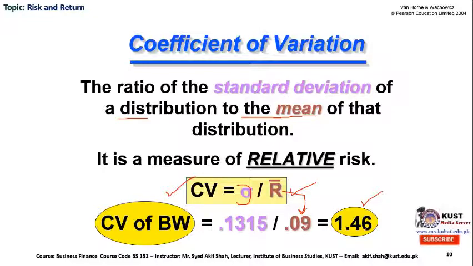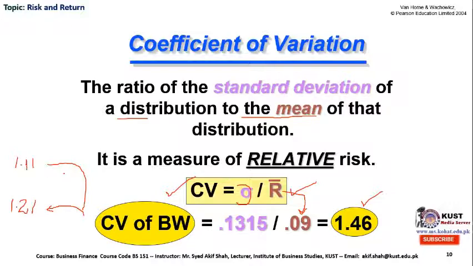As we have explained that it is a relative measure of risk, therefore we can use the coefficient of variation in order to select between different opportunities available to invest your money in. Let's suppose we have another stock which comes up with a 1.21 coefficient of variation, and similarly there could be another stock C whose coefficient of variation could be 1.11.